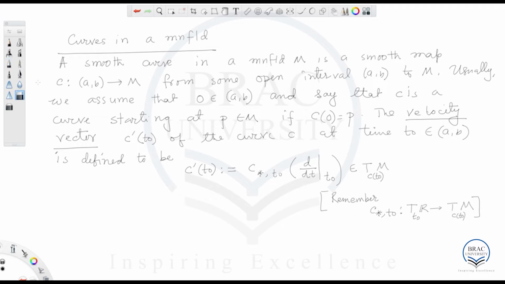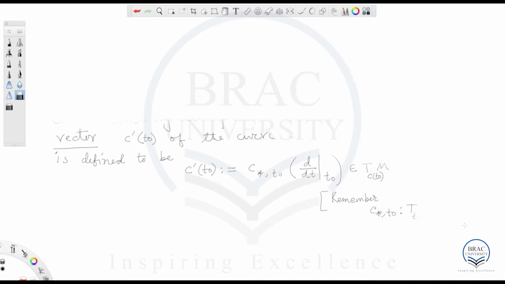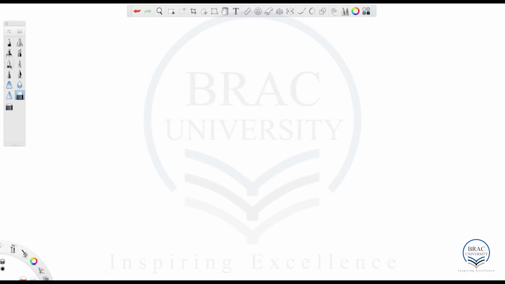Now I want to remark about the possible notational confusion. It's the case when the target manifold for this smooth curve is going to be the real line.